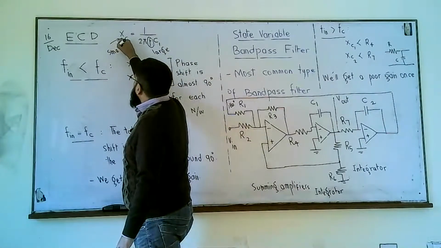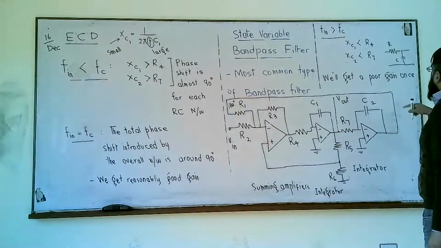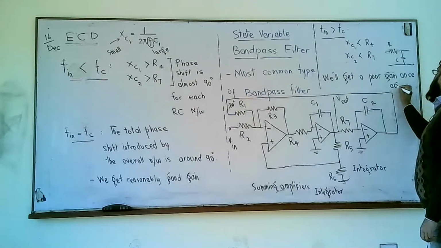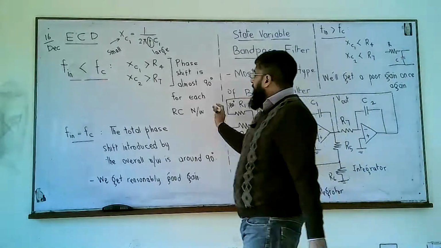So we get a small gain once again. So for frequencies much smaller than Fc, we get poor gain.